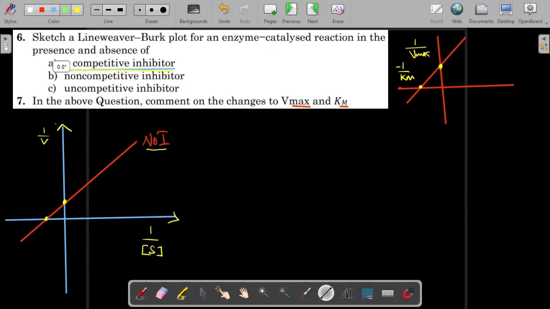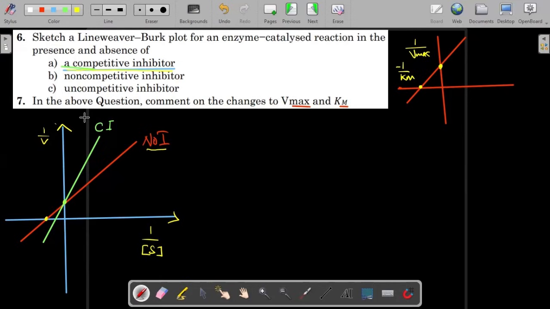immediately you add a competitive inhibitor, the shape of this graph is going to change into something like this. Here we have a competitive inhibitor, CI. What we notice here is that the y-intercept does not change.